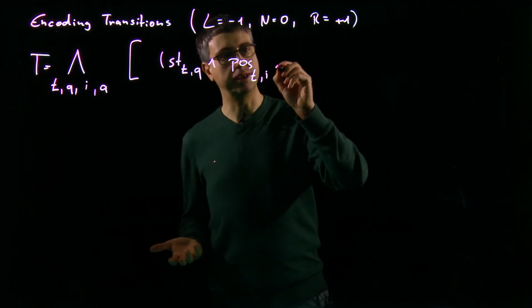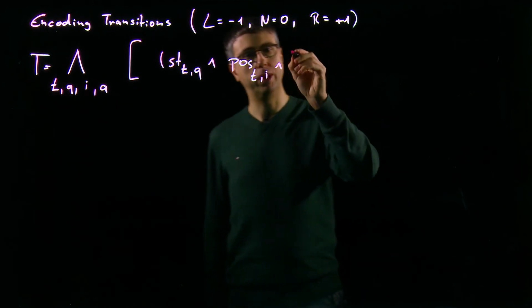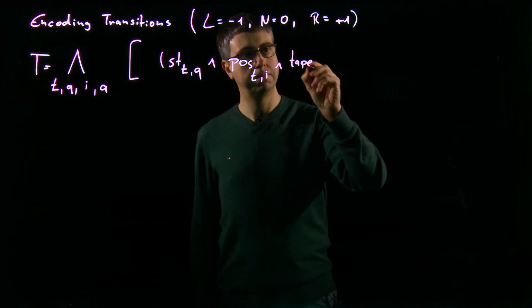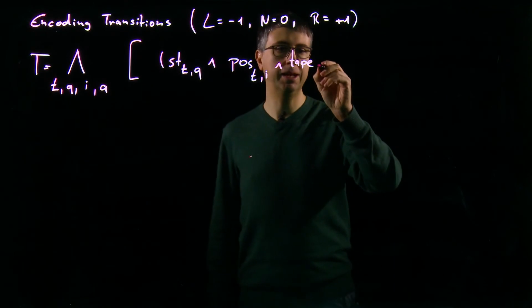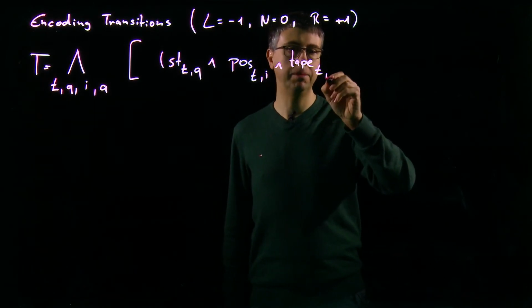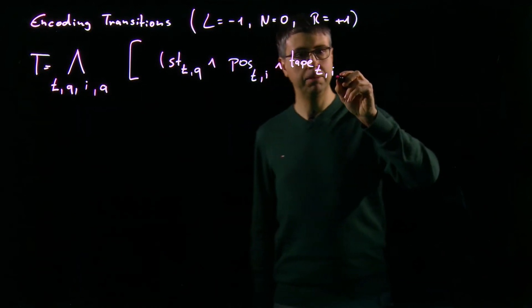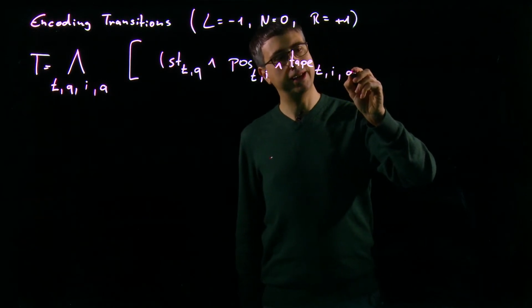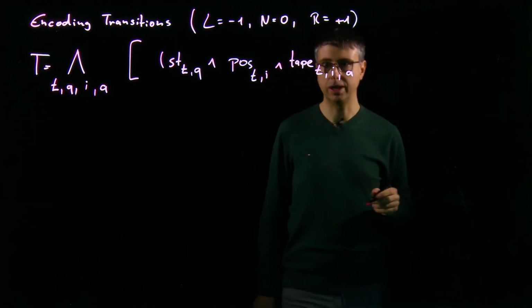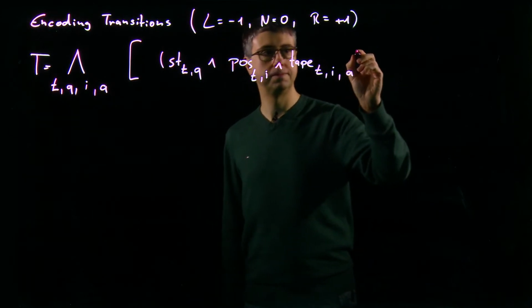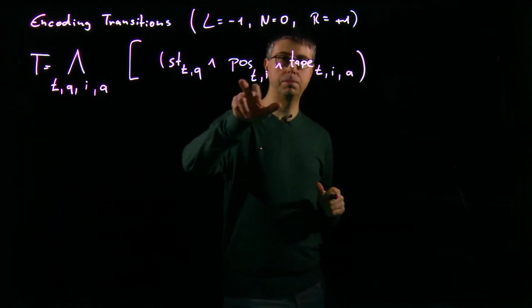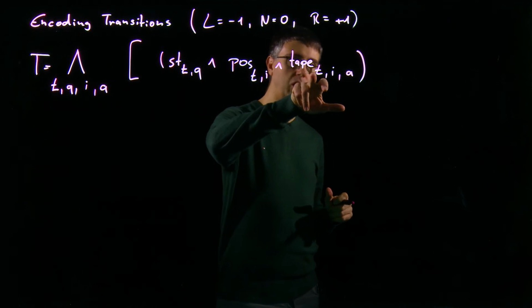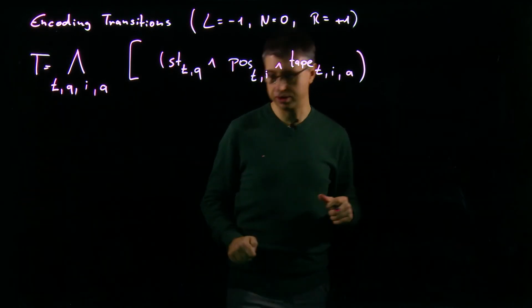So we'll fix what's on the tape. The tape at this position in time, at position I, holds the letter A. So we have state, position, and the tape contents for this very same position.